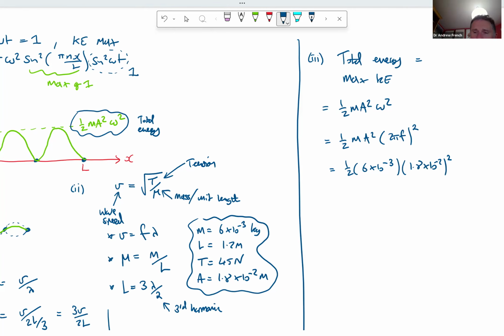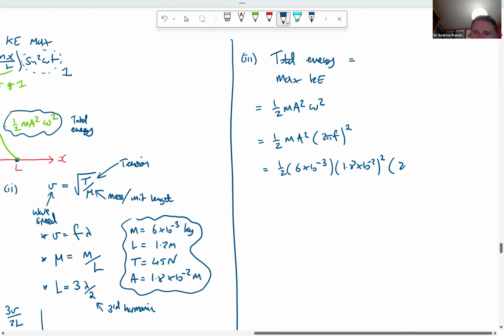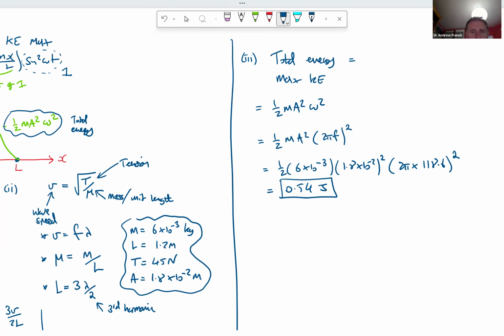Don't forget to square it. And then in the bracket, we've got 2 pi, and I'll use my more accurate ones, 118.6 hertz, squared. I think that's everything. And I make that 0.54 joules. So there we go. That's a rather nice end to the question.